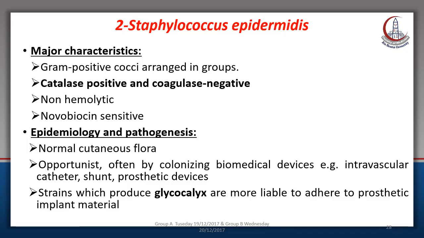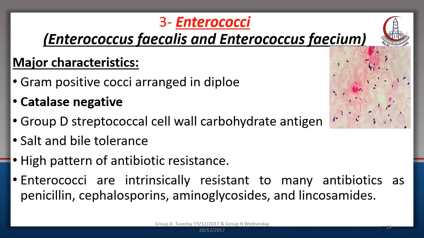A second example of a causative organism of endocarditis is Staphylococcus epidermidis. Staphylococcus epidermidis is a gram-positive cocci, also arranged in groups, and it is catalase positive to differentiate between Staphylococcus and streptococci, and it is coagulase negative to differentiate it from Staphylococcus aureus.